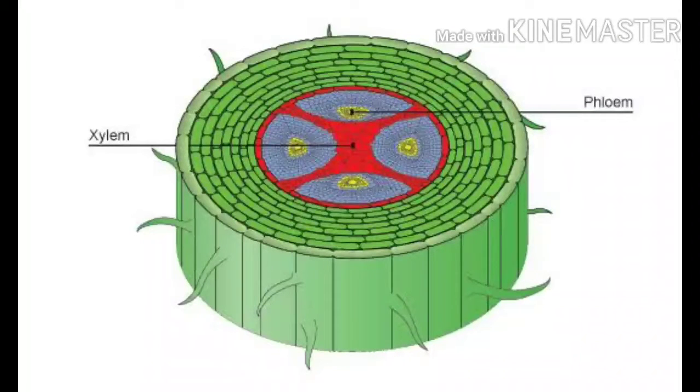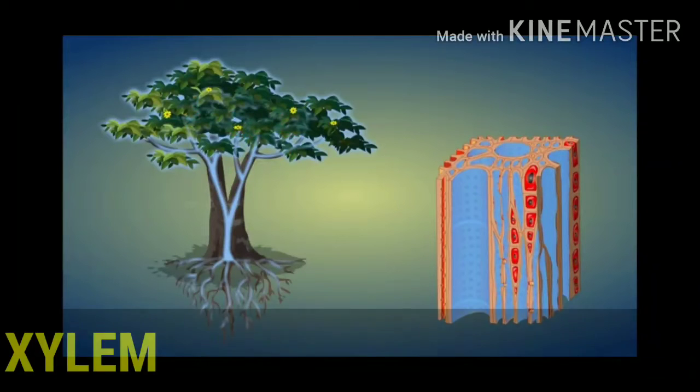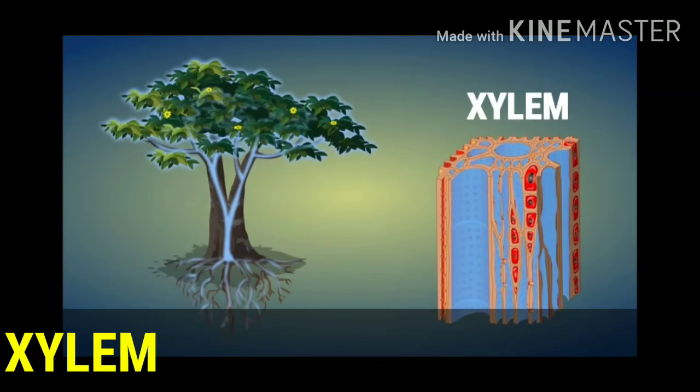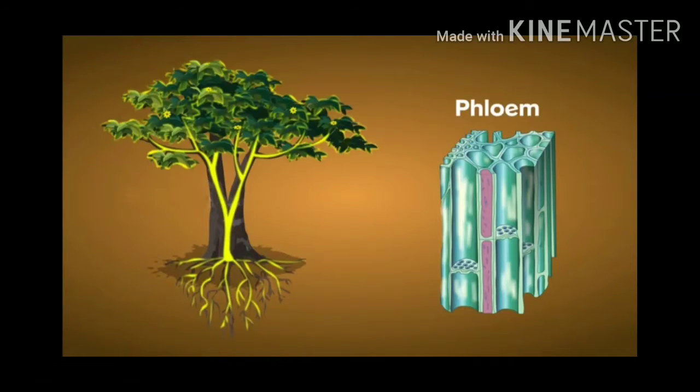The vascular tissue system consists of xylem and phloem tissues. They are present in the form of bundles called vascular bundles. Xylem conducts water and minerals to different parts of the plant. The phloem conducts food materials to different parts of the plant.